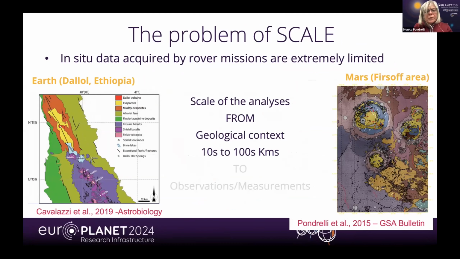Another point related to the problem of scale, and again related to the fact that we have very few in situ data. Geological analysis has a first part, which is a geological context analysis, and then we move to the detailed observation and measurement. The geological context, this is Earth, this is Mars, can be done with similar scales on Earth and on Mars.